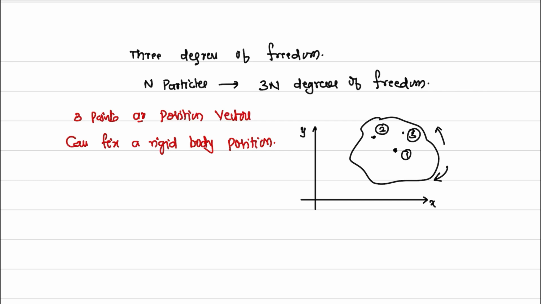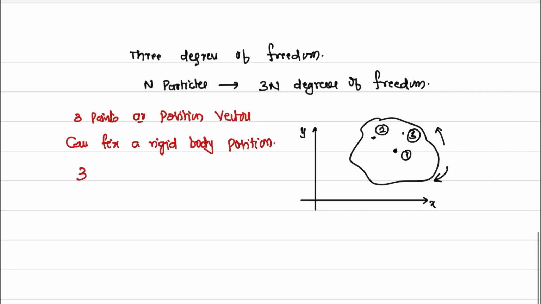Then how many particles are there? 3 particles are required for fixing the rigid body. That means for choosing the coordinates of the 3 particles, what is the degree of freedom I have? 3 into 3. Degree of freedom is equal to 9.